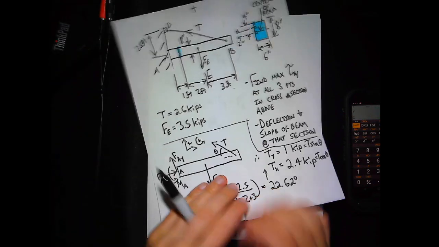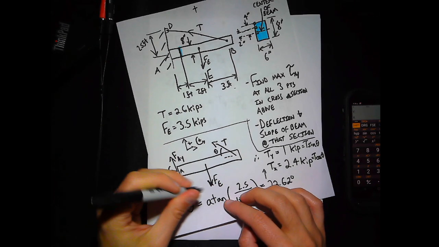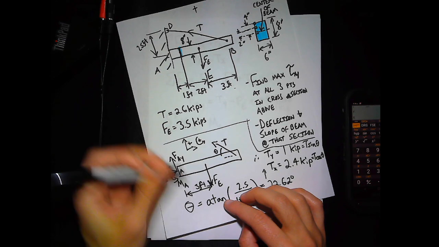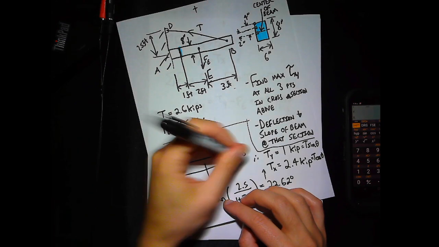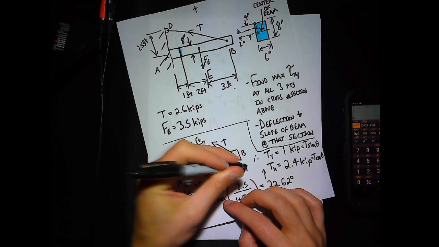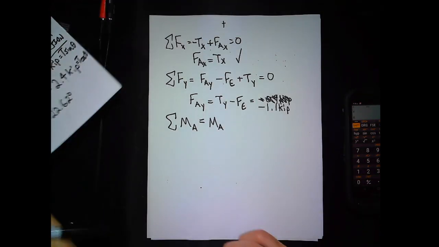I should label these things. Sorry, I'm being a terrible example. AE is 3 feet there, and AB equals 6 feet, because I don't have enough space to draw in the lines.